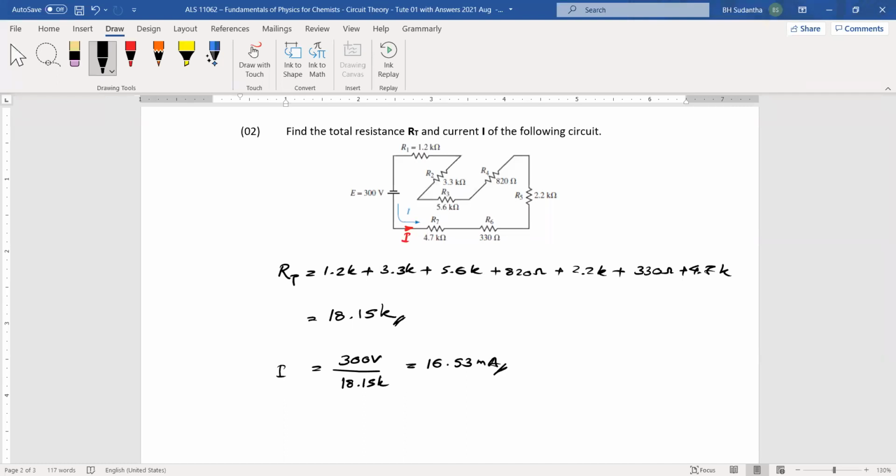That is 3.53 milliamperes. And please work out all these things, so that if there is an error, then we can find it. Otherwise, if you are copying this one, you will not find any mistakes here.